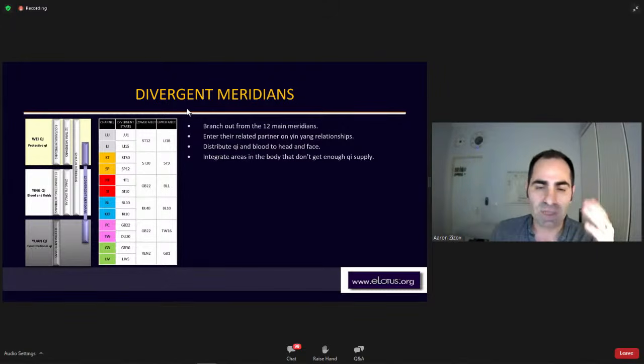One of the options is that if it penetrated into a deeper level, deeper than the Wei Qi level, to the Ying Qi level, to the Zhang Fu organs, we can push it down more, to the Yuan Qi, and it will stay there or it will go out, depending on how deep the pathogen went.